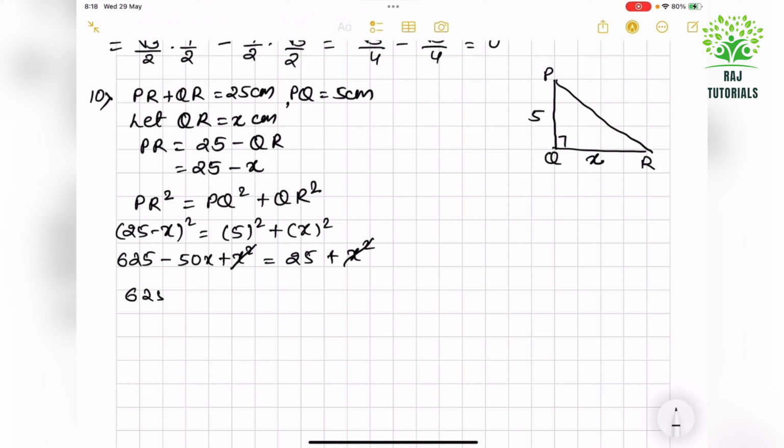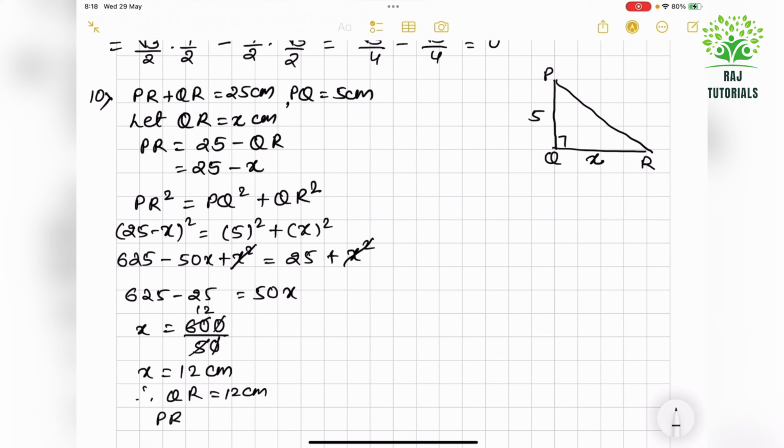Now can I say 625 minus 25 equal to 50x? So x equal to 600 upon 50. So x is 12 centimeter, therefore QR equal to 12 centimeter. So PR will be 25 minus 12, that is 13 centimeter. So now this is 12 centimeter, this is 13 centimeter.